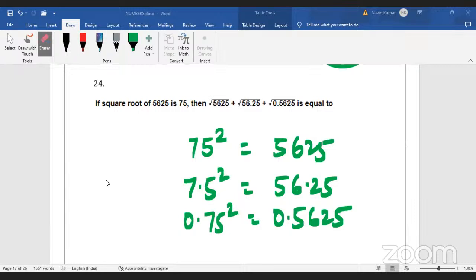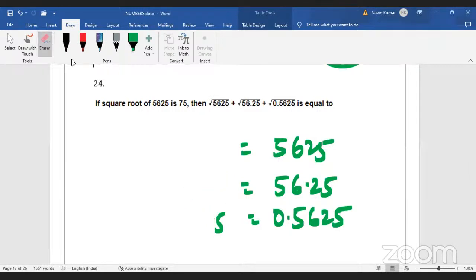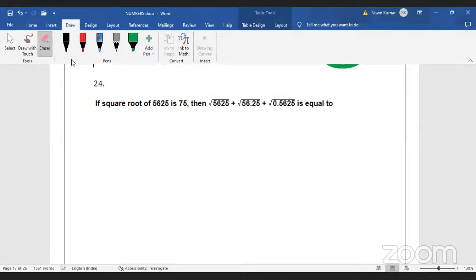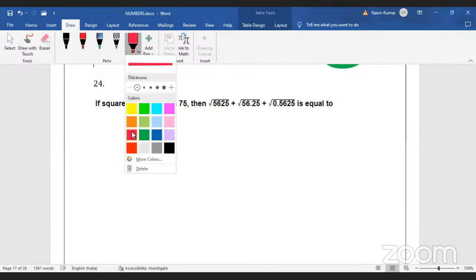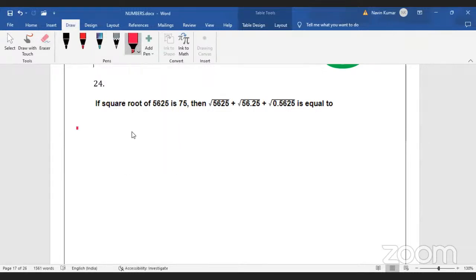Okay, let's solve this. So this will be equal to 75 plus.